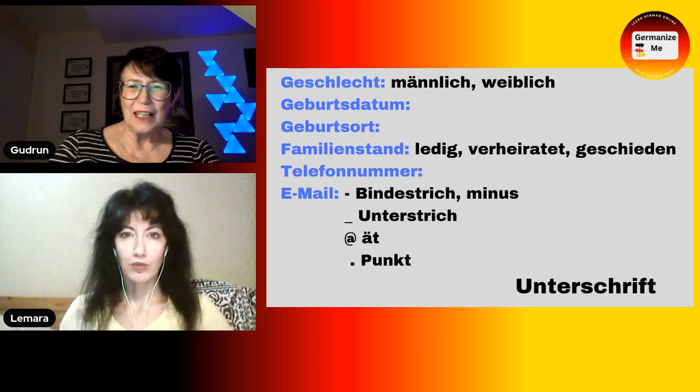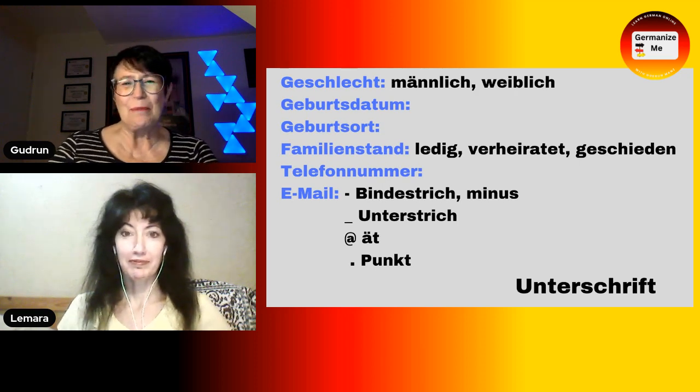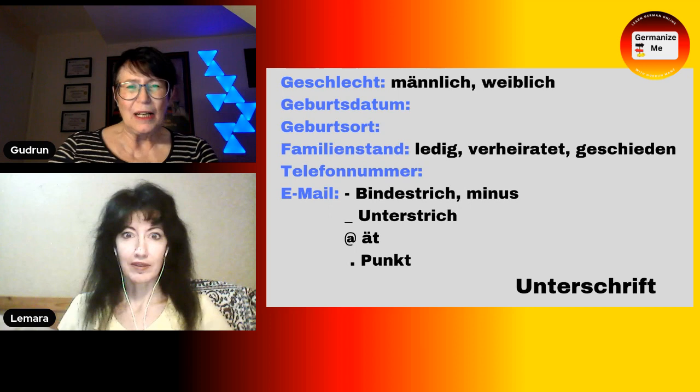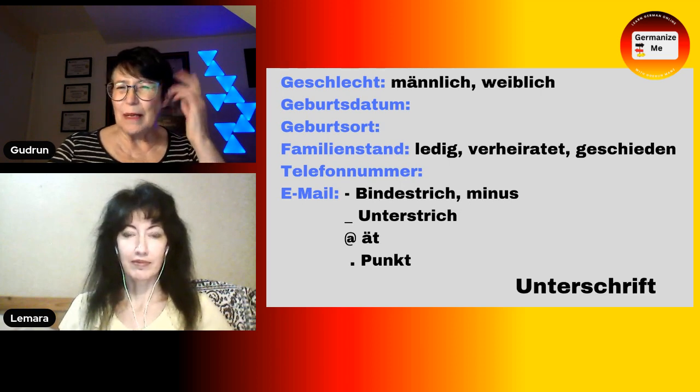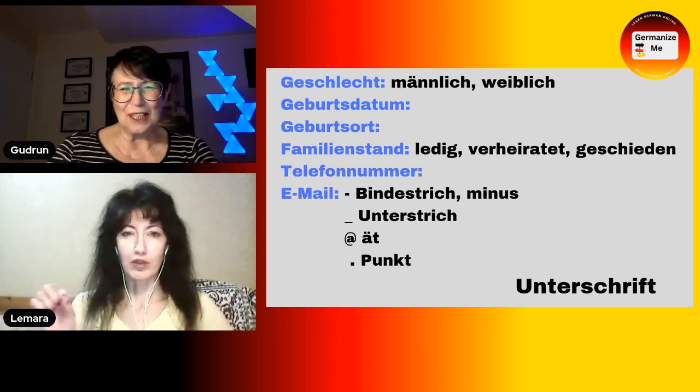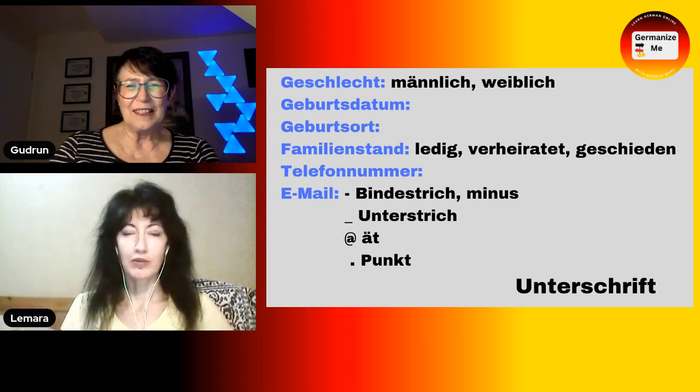Actually, not everybody knows the word Bindestrich, so people mainly use minus. It's easier, and it's similar to English, so it's easier for everybody. Unterstrich is actually the German word for underline. If you memorize unter for under, this is a strich or line.